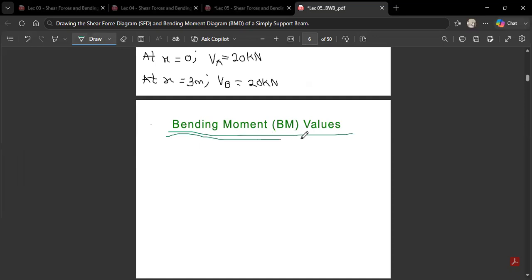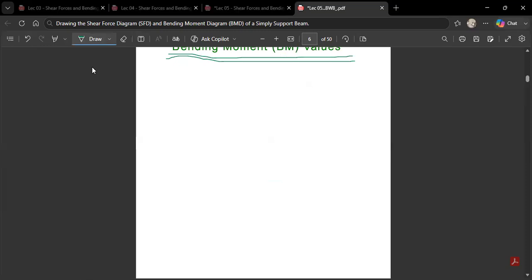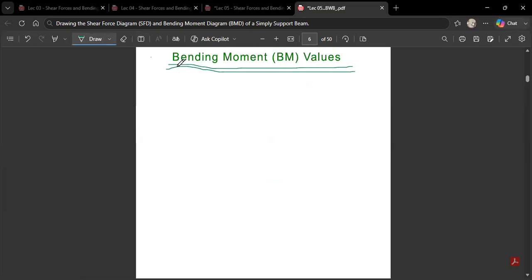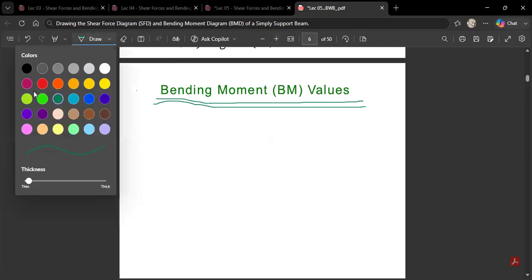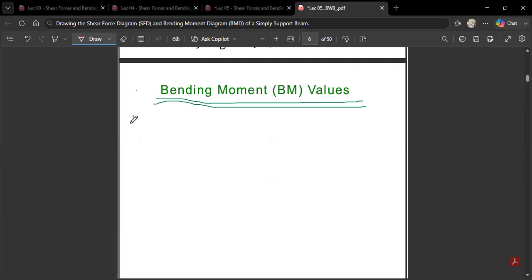For the bending moment value, because we are talking about bending, you should know that bending is actually a moment. So we put the rule down: we are taking all anticlockwise moments to be positive.